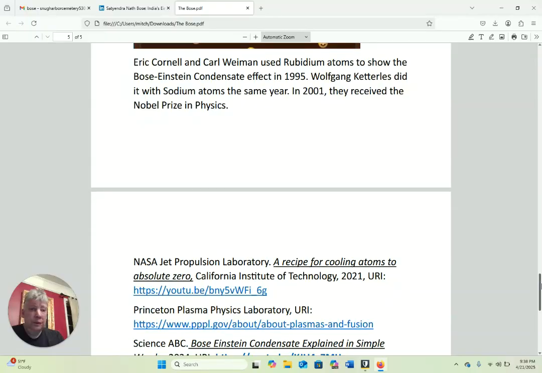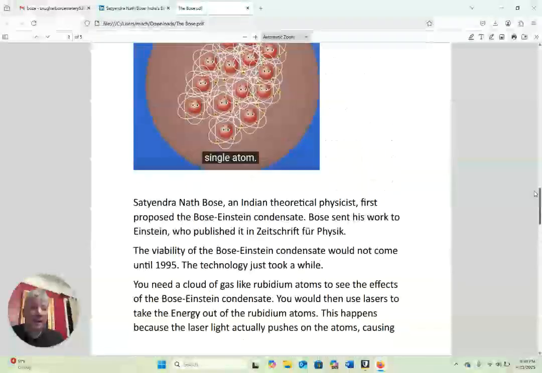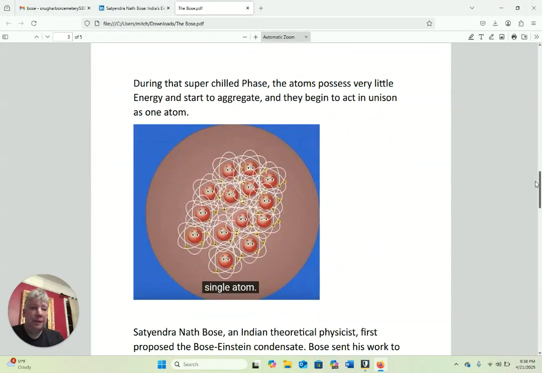Now, finally, so what? How important is this? This new matter that's forming here, where the atoms are pulling together, and you can see right here, they're acting as a single atom, which is giving us another state of matter. But what is this really helping us with?